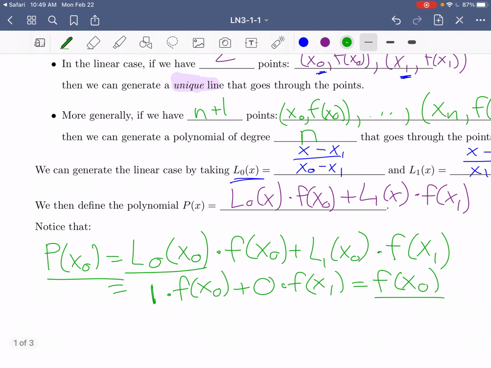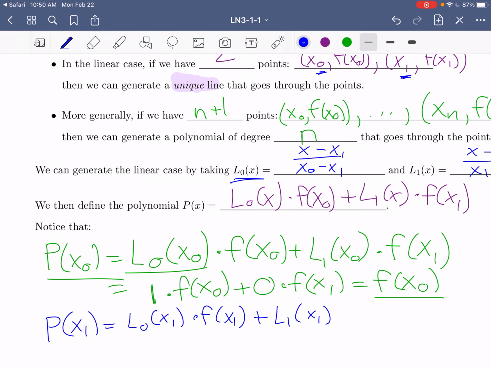Now if we were to plug the second point into our Lagrange polynomial, then we get, this is going to go to 0, right? So when you plug in x1 right here, you're going to get 0 over something.